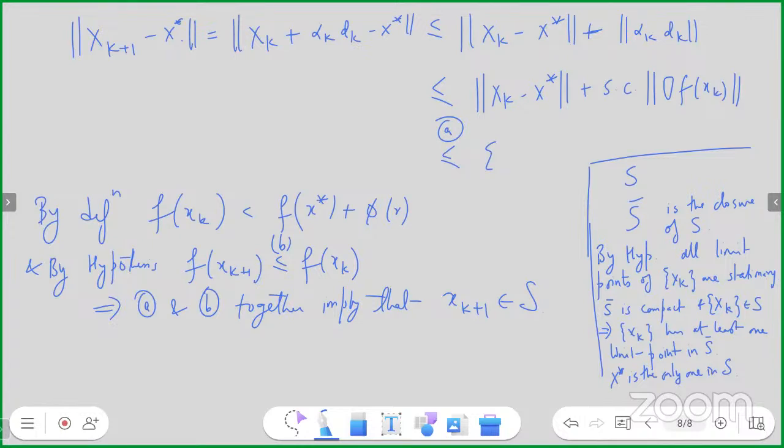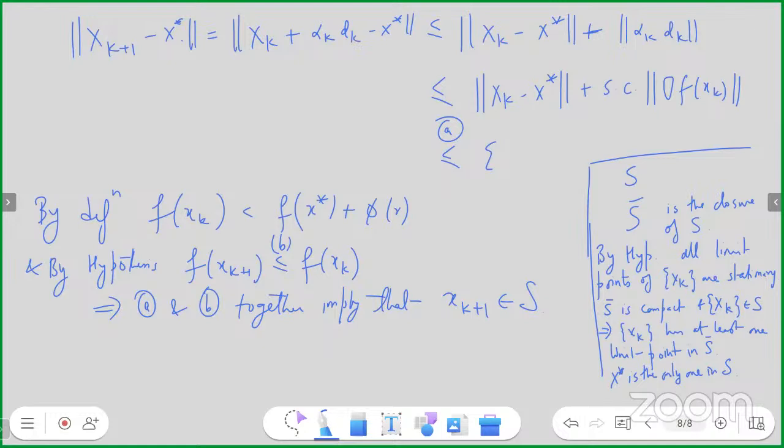How do you ensure that xk does not converge to a point on the boundary? But what is x star with respect to that? What did we ask for x star? X star is the only point inside S which is stationary. That's all we know.